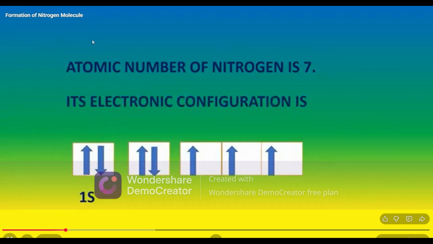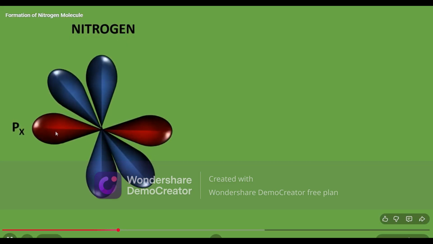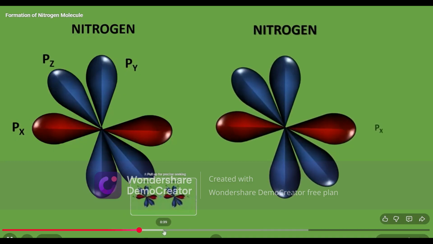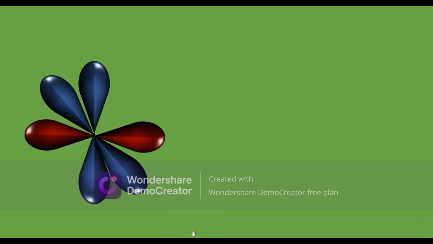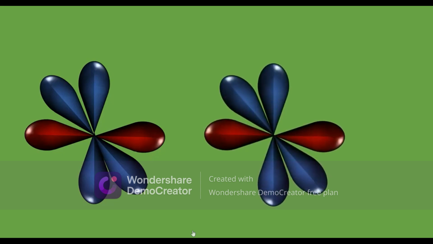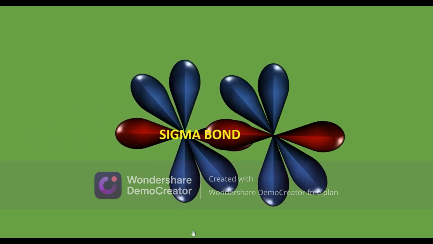The atomic number is 7, with electronic configuration 1s2, 2s2, 2p3, so 3 unpaired electrons. This 2px and the 2px of one more nitrogen will collide directly, forming a sigma bond.